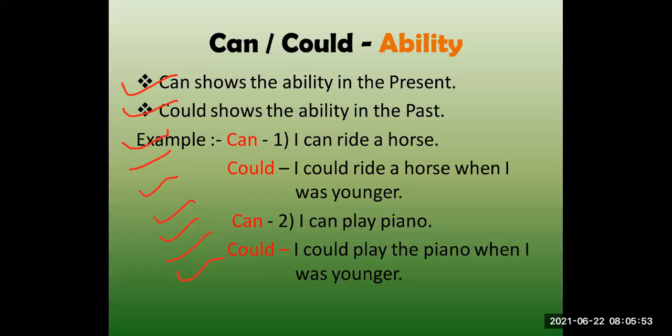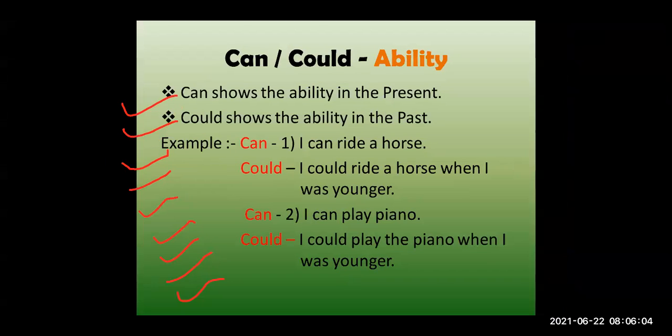The first modal auxiliary we are going to learn is can and could. It functions as ability. Let's learn each function in detail. We use can and could to talk about a skill or ability.